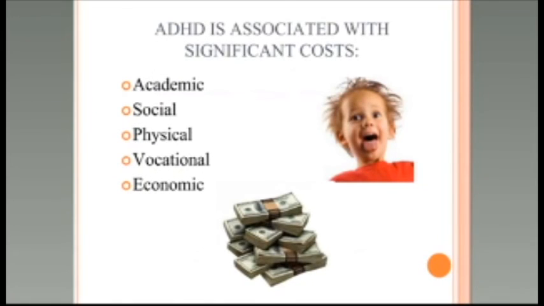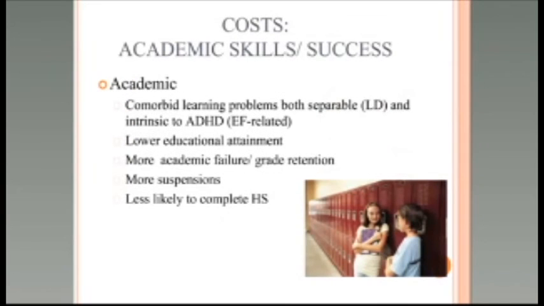As a result, ADHD is associated with significant costs over time. There's academic, social, physical, vocational, and globally economic costs for the country as a whole. With regard to academic difficulty, individuals with ADHD are more often, as we mentioned, to have co-occurring learning difficulties that are both separable, i.e. a language-based or a math learning disability, and intrinsic to ADHD, so related again to the weaker working memory, the weaker comprehension.